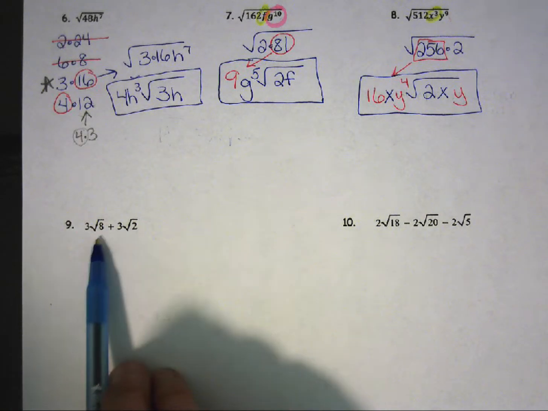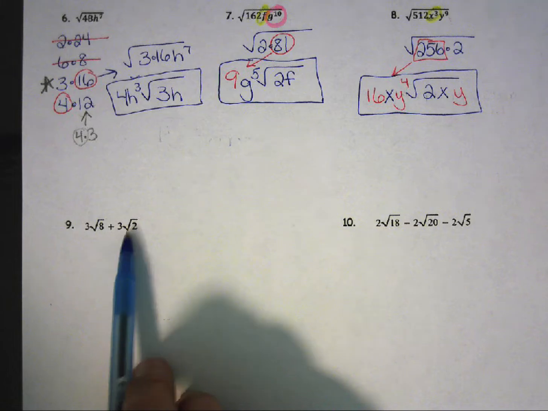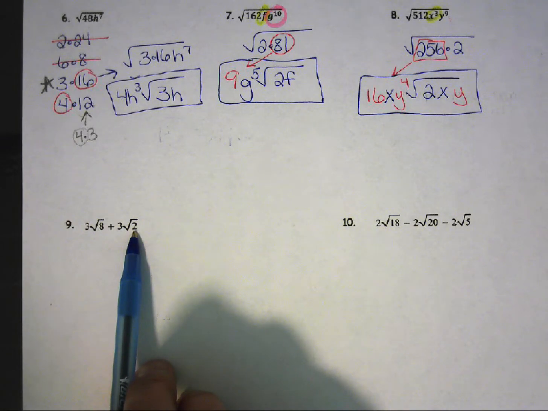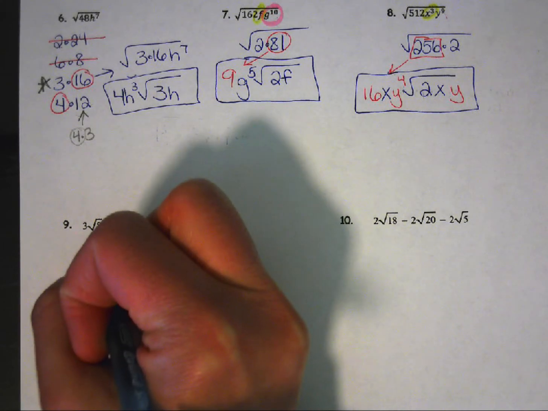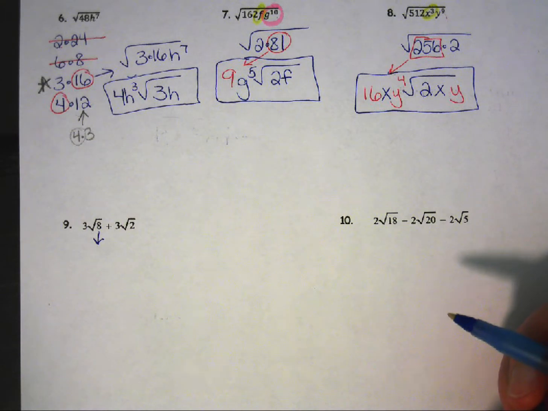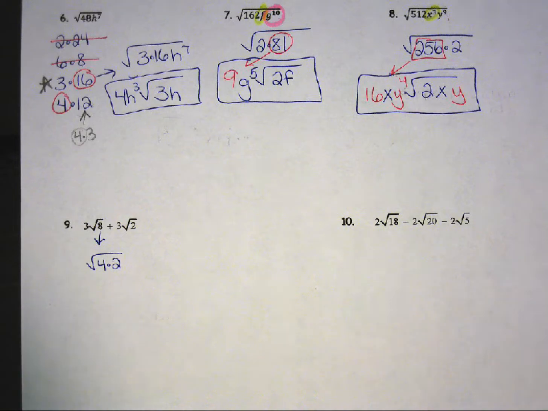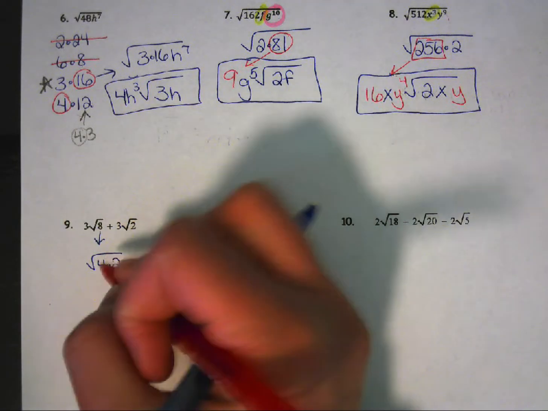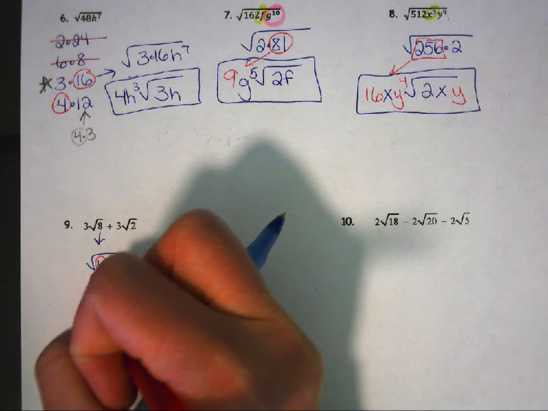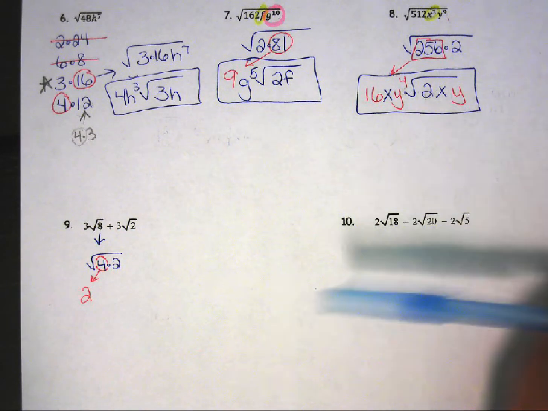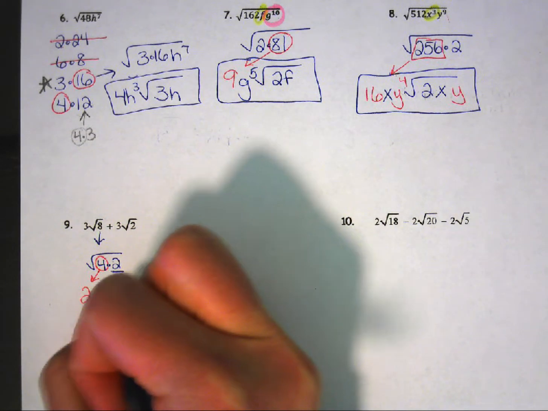So we need these two to match. Now 2 is prime, so it's not going to go any lower. But we can get the 8 to go lower. The 8 is made up of 4 times 2. So we can break the 8 down. So the square root of 4, that just comes out as 2. And then this guy is left alone.